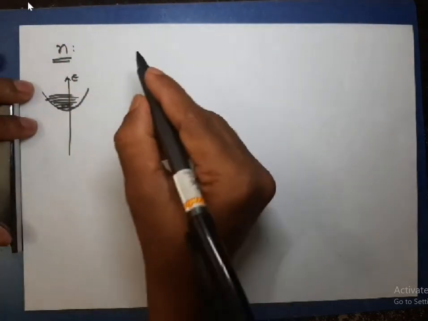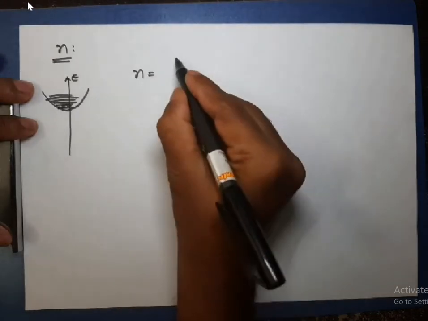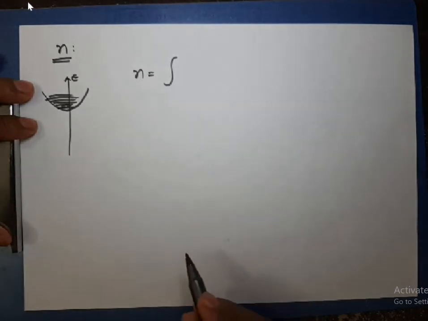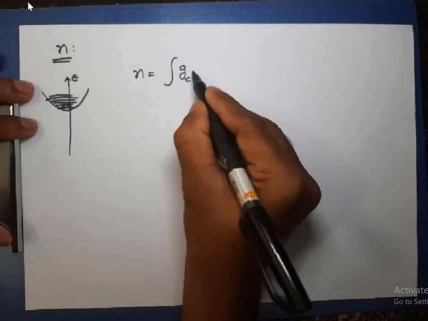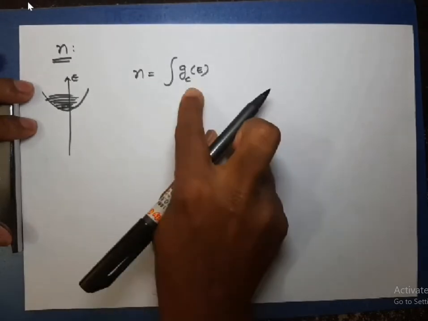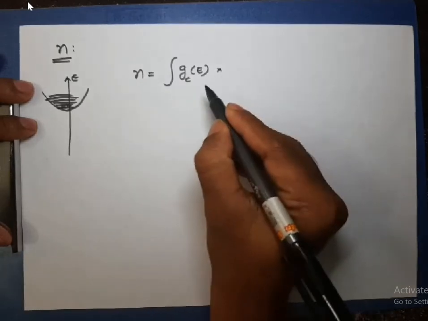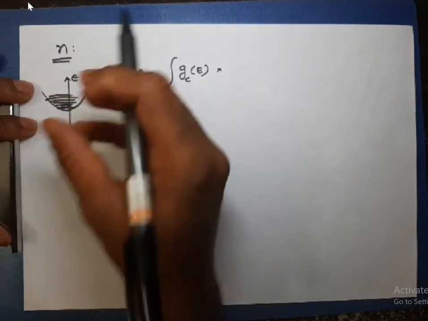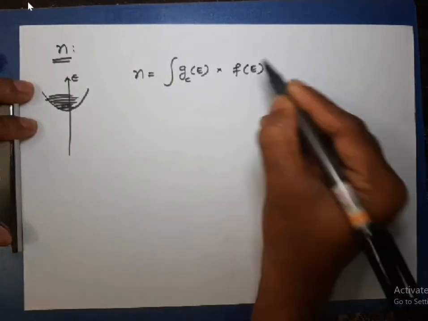So to calculate this value of N, I'm going to make an integration. What is the integration? The density of energy states in the conduction band, into the probability of occupancy of a state.